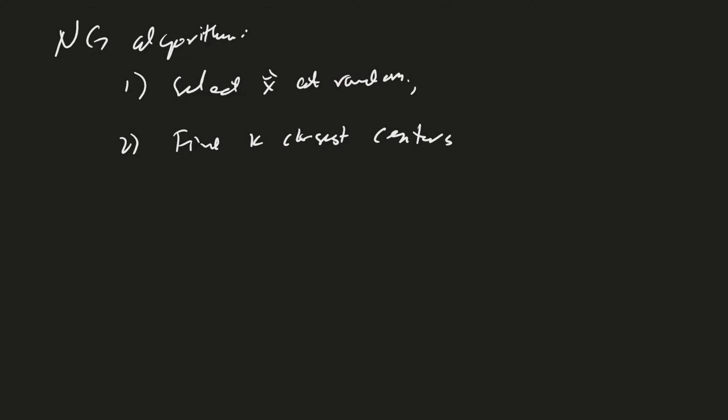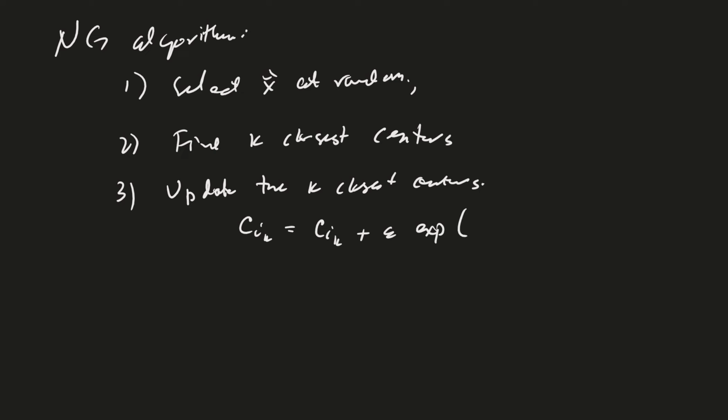And then the centers are updated. Update the closest centers using our update rule, that was CIK equals CIK plus epsilon times the exponential function of minus SIK divided by lambda, times x minus CIK.